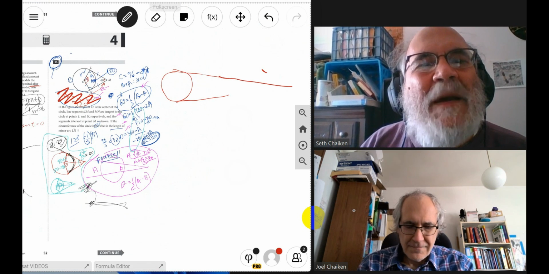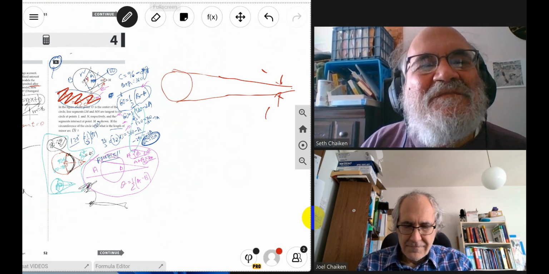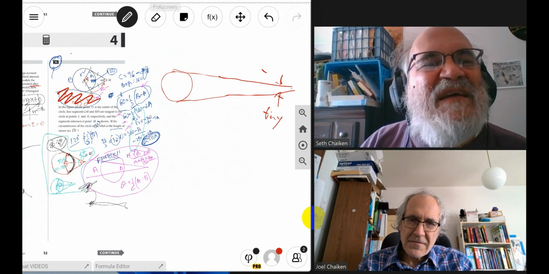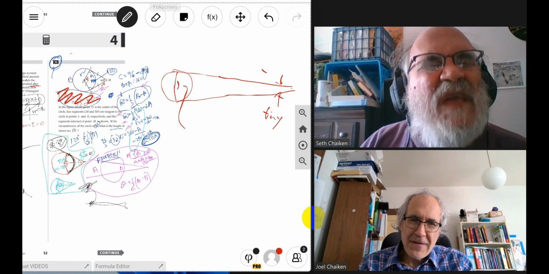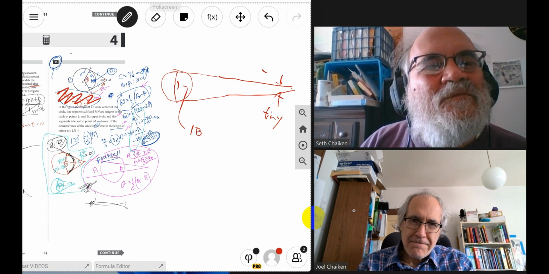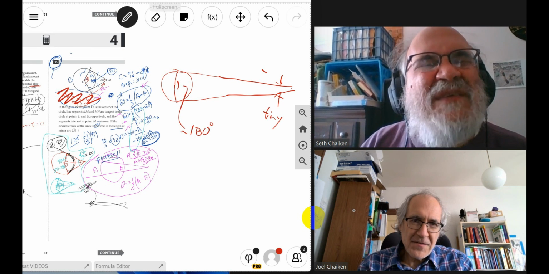We're far away, right? And this is a tiny angle. Right. That's a tiny angle. And then we draw the two radii. And this angle here is a little bit less than 180. So there's no way it's true. There's no way that 180 is twice a tiny angle.